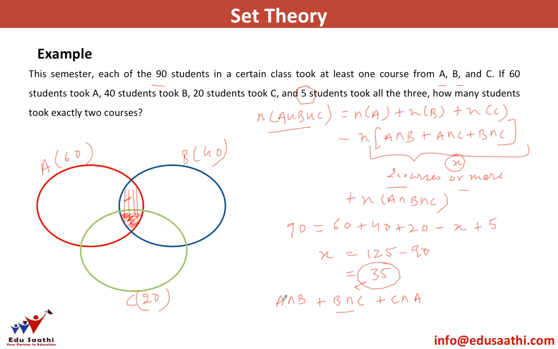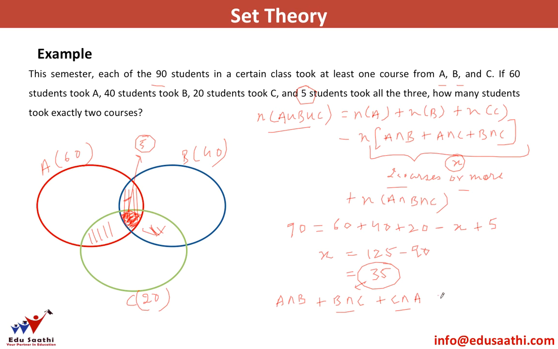Then you count B intersection C, you count this region here, and again this smaller shaded region. And when you count C intersection A, you take this region plus again this smaller shaded region. And this smaller shaded region is nothing but 5 students, which is A intersection B intersection C, or the students who opted for all the three courses.